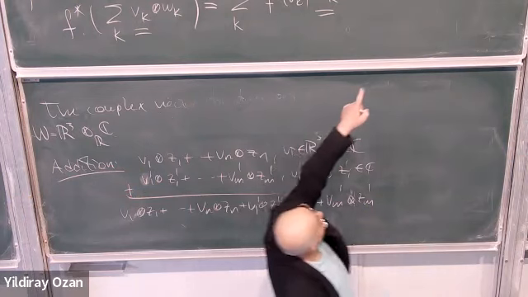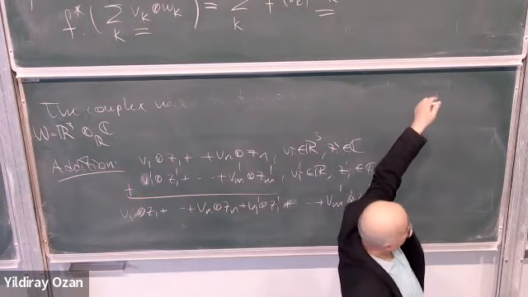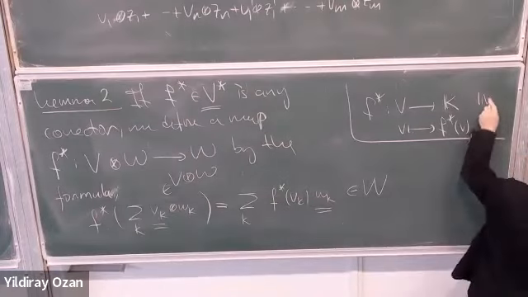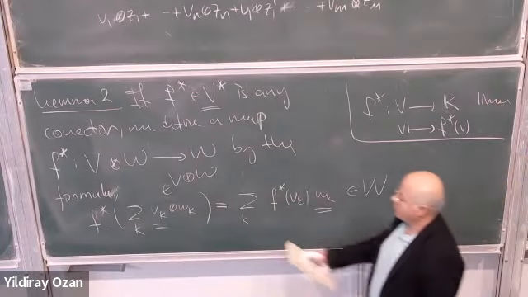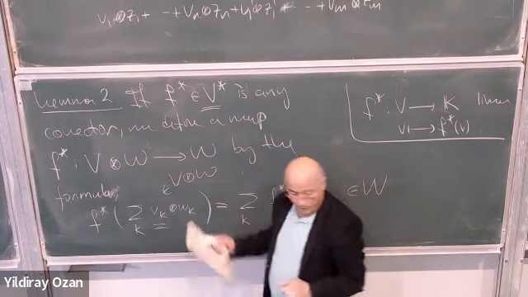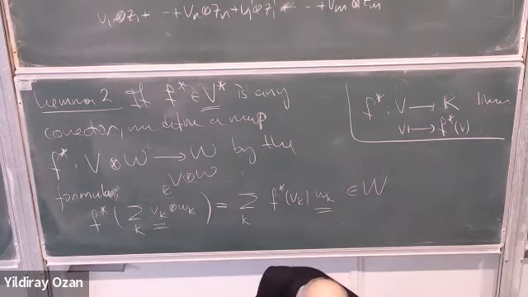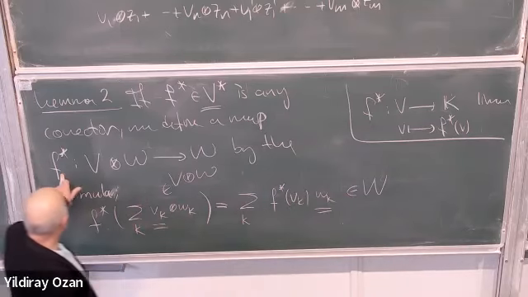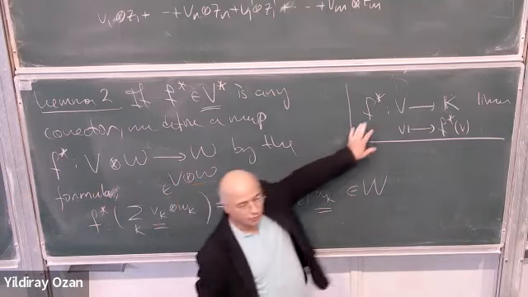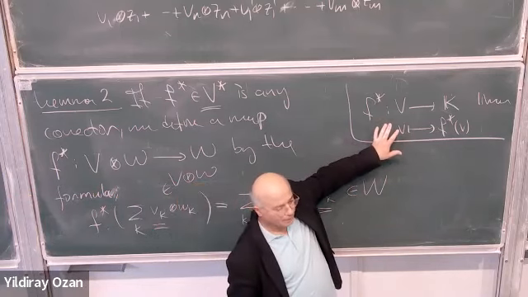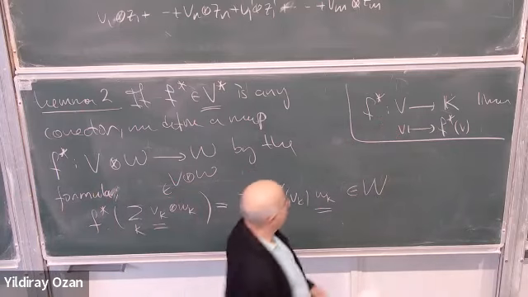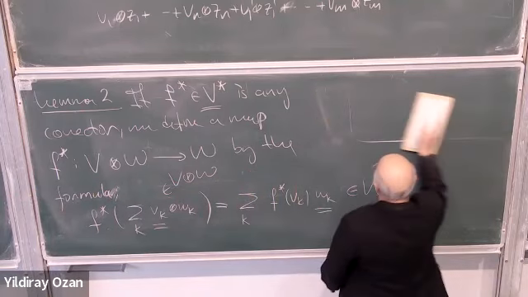This one is linear, but this one, I am not sure. You're changing the range. Yeah, well, this F star and this F star are completely different objects. Maybe I should erase this.